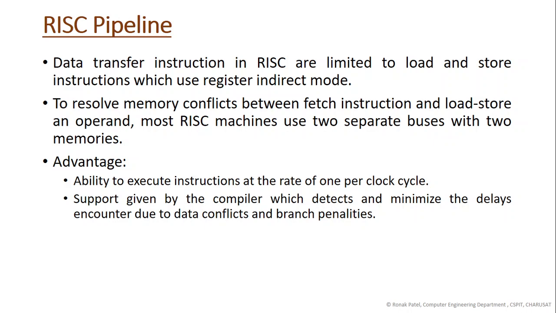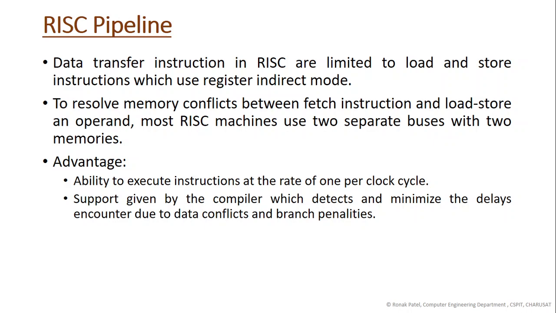Because in CISC the length is not fixed and different addressing modes are available, so it is possible that some segment takes more clocks, 2 or 3 clocks, and every other segment needs to match that to get proper pipeline execution.